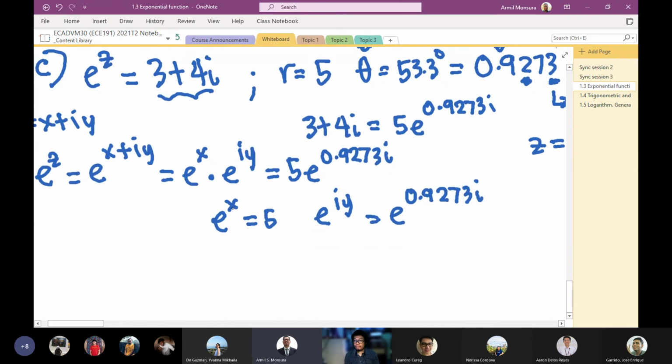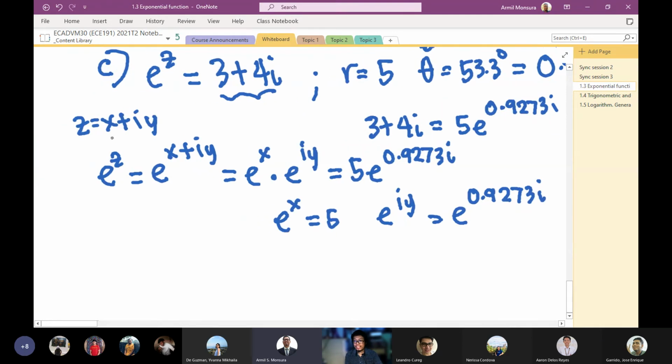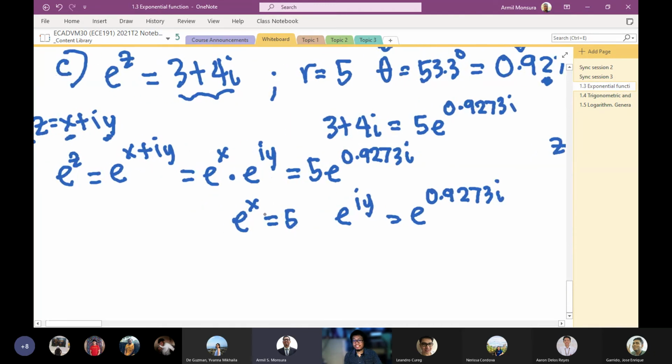Now, how do we solve for x here? Kasi kailangan ko i-solve yung x at saka y para makuha ko yung z. So how do I solve x here?